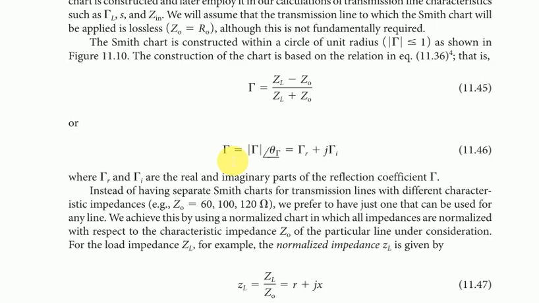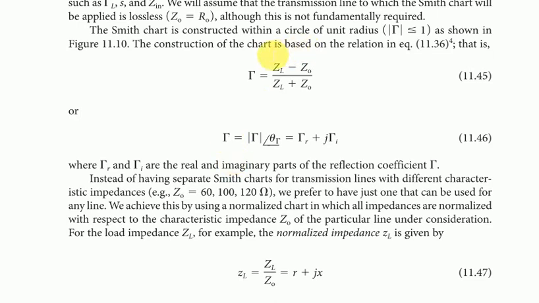So now I would like to find gamma in terms of normalized load impedance. First of all, see what the normalized load impedance is. If you divide the load impedance capital ZL by the characteristic impedance of your transmission line, whatever value you get is described as the normalized load impedance, small zL. Let me repeat it.